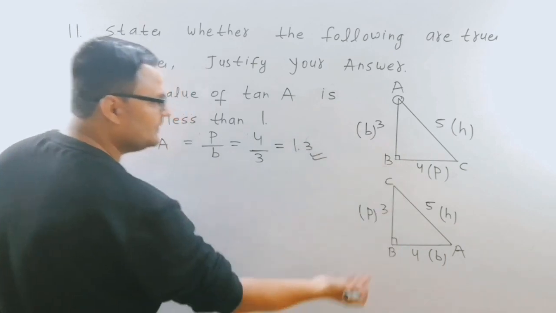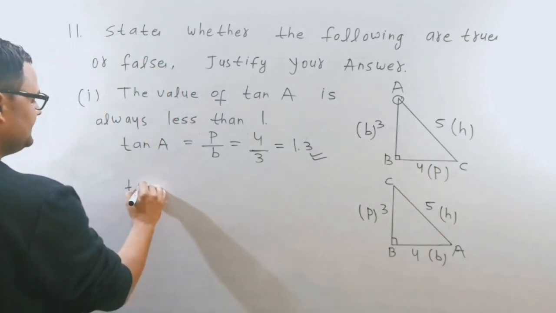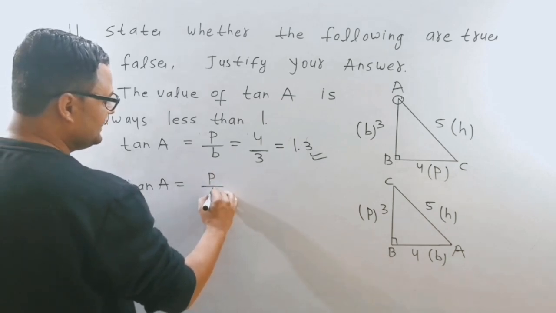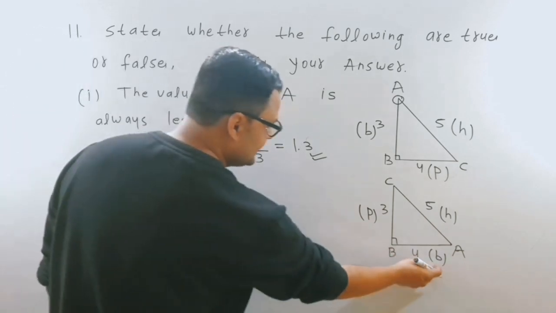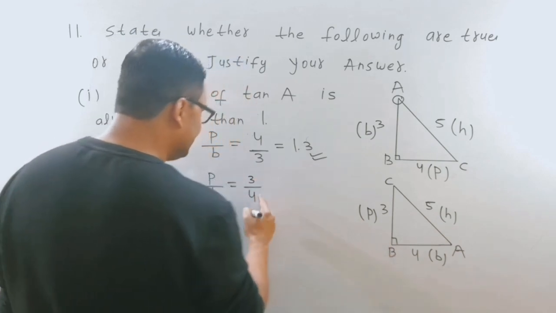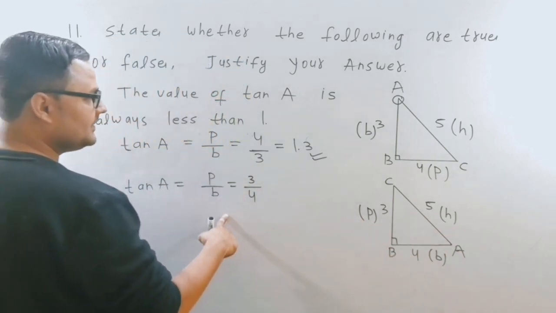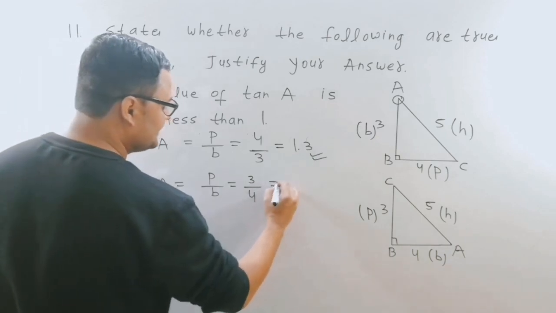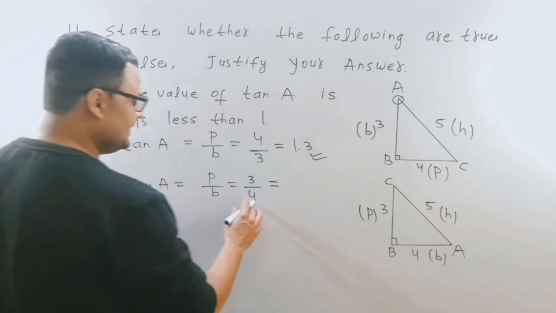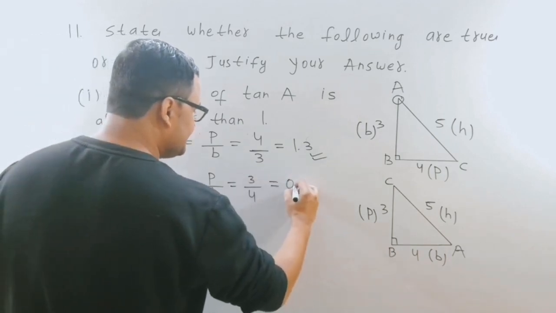Now if you want to do the second also, for the second diagram tan A is again P by B, but this time P is 3 and the base is 4. This is a proper fraction. A proper fraction's value is always less than 1, and if I simplify, I will get approx 0.7.